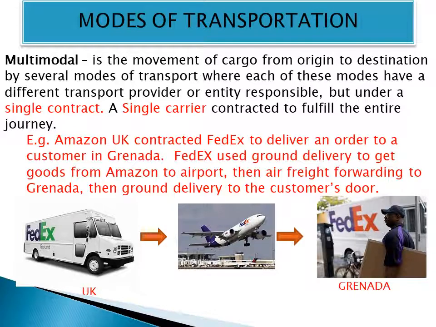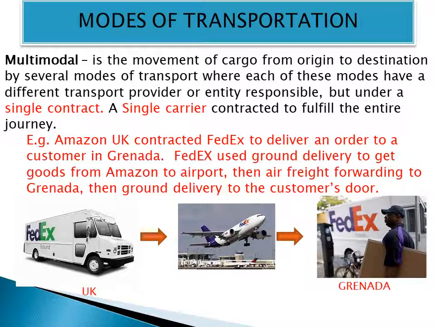Then we have the multimodal category of transportation. And this involves movement of cargo again from origin to destination, obviously. So we're moving goods from one point to the next. And we're also using several modes because, especially when you're shipping overseas, it becomes very impossible to use one mode.